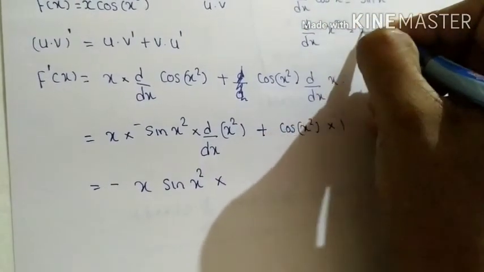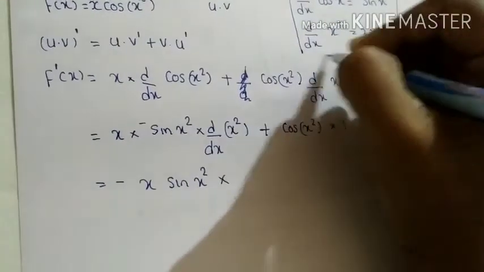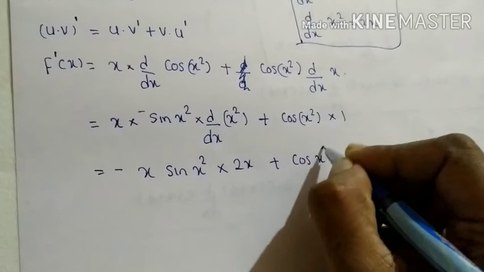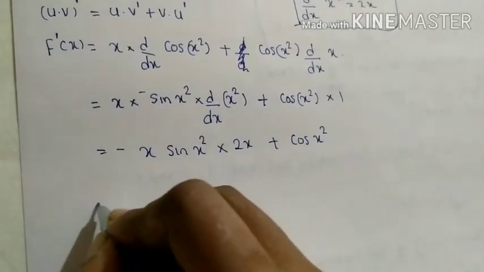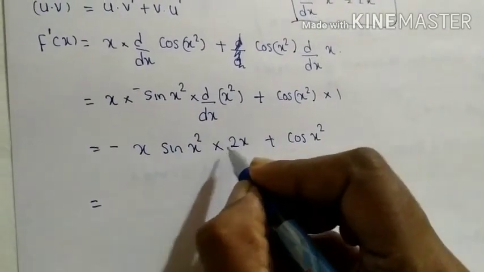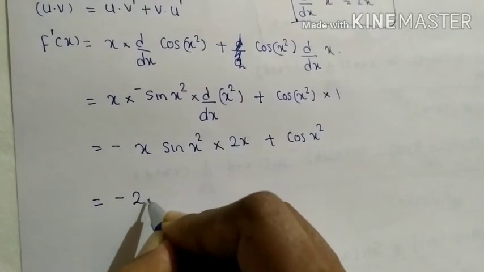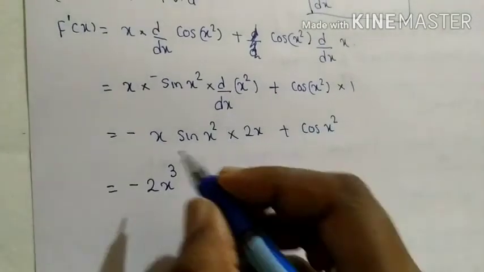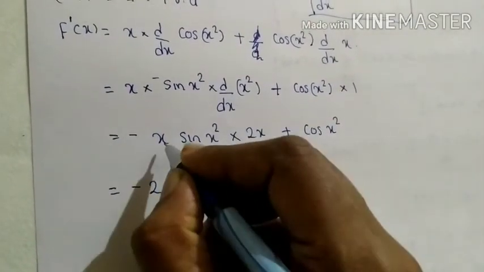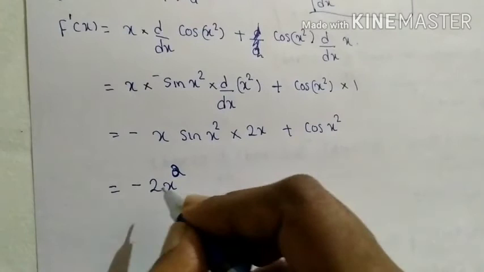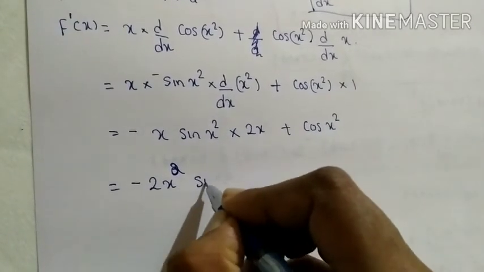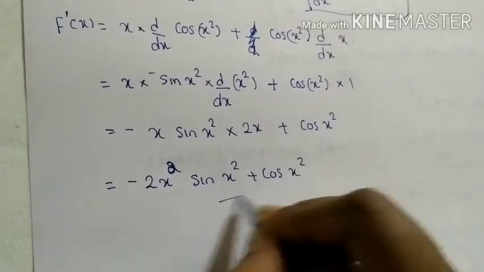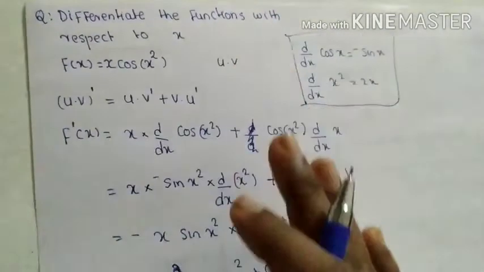So replacing derivative of x square by 2x plus cos x square into 1 is cos x square, and rearranging this, 2x into x means 2x square, into sin x square plus cos x square. Okay, this will be our final answer.